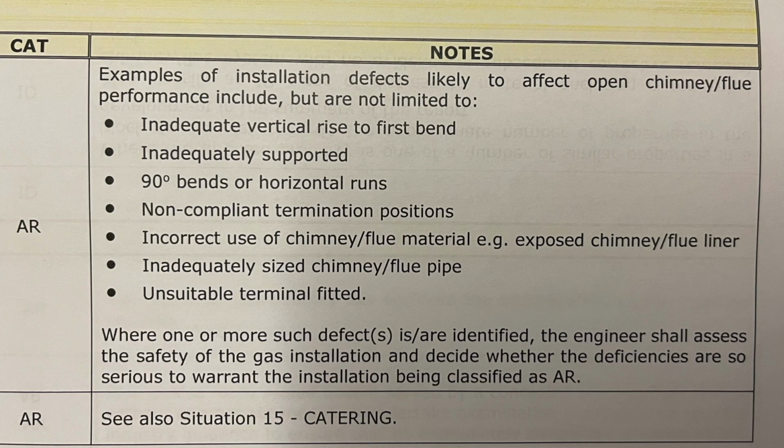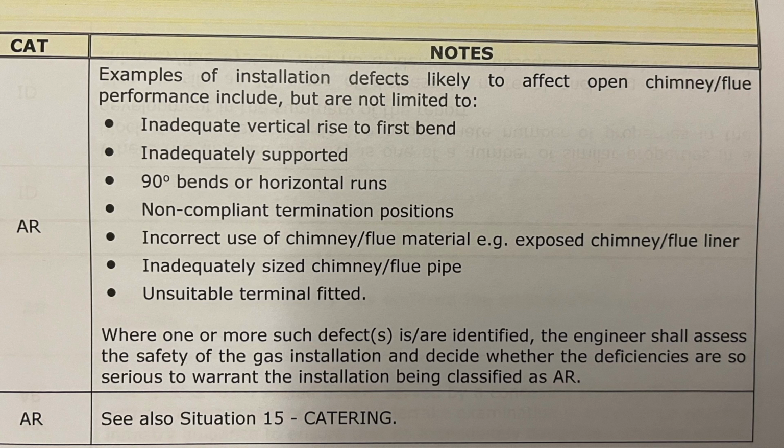Now on the notes it says, examples of installation defects likely to affect open chimney flue performance include, but are not limited to, inadequate vertical rise to the first bend, so not 600, inadequately supported, well you can't see any clips on this, 90-degree bends, yeah, we've got two 90-degree bends, non-compliant termination position, well, you don't know where that is.